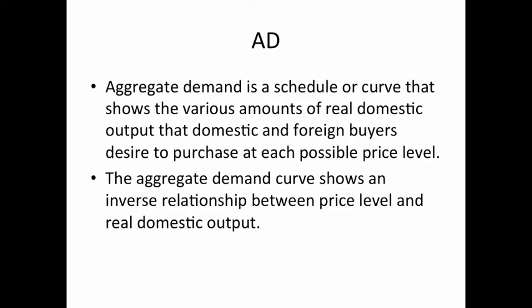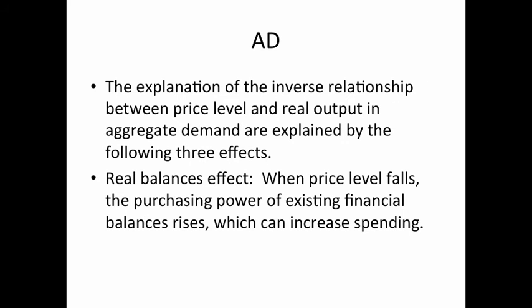And we see that it's an inverse relationship. So it's a downward sloping curve. So higher price levels correspond to lower levels of real GDP, and lower price levels correspond to higher levels of real GDP. And so to explain that inverse relationship between the price level and real GDP, there are 3 main effects that drive that inverse relationship.